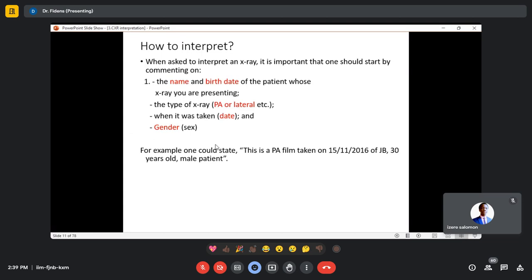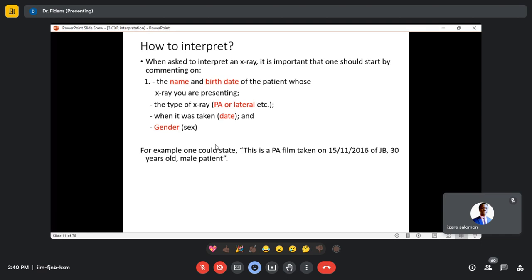Okay. So let us now start by identification. The identification contains the name and date of birth or the age of the patient, the type of X-ray, is it PA or lateral? This comes into the identification. Is it PA, is it lateral, is it AP? And when it was taken, the date of examination, because you remember in one day you can make different X-rays for one patient.